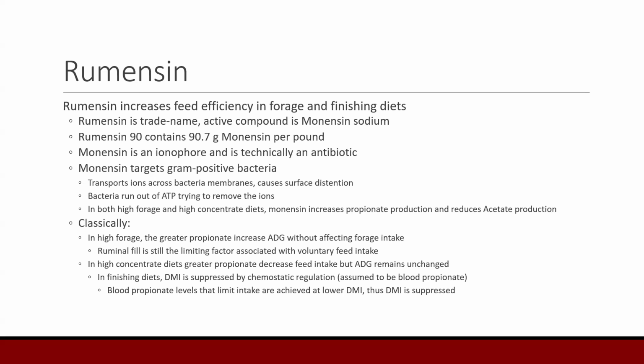Does that make sense? So they eat less, but gain does not change because they're still producing that same amount of propionate, just achieved at a lower level of intake. So decreased intake, same average daily gain, you've still improved feed efficiency.